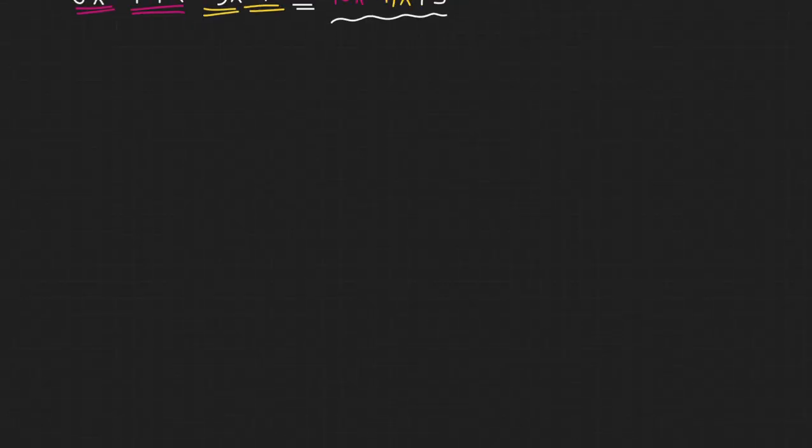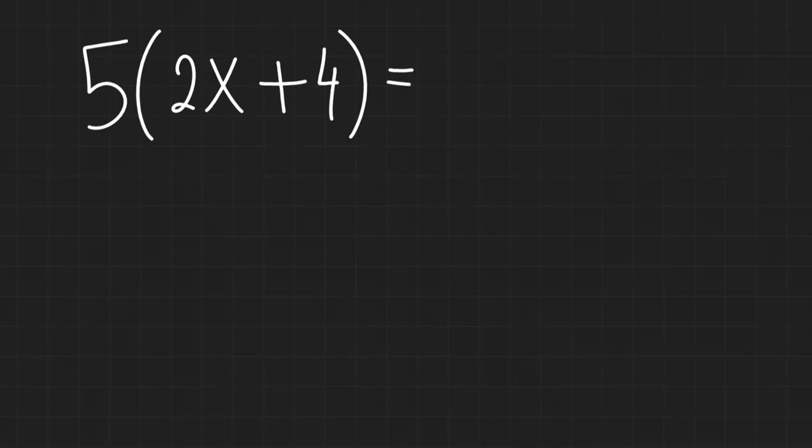If we say, for example, 5 multiplied by 2x plus 4. Okay. The way this works is we consider that there is multiplication here, right? So we multiply 5 by 2x, and then we multiply 5 by 4.